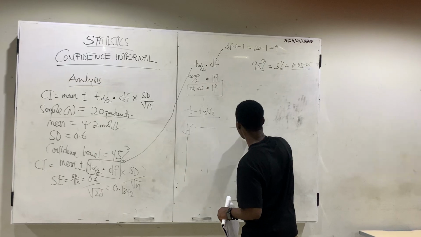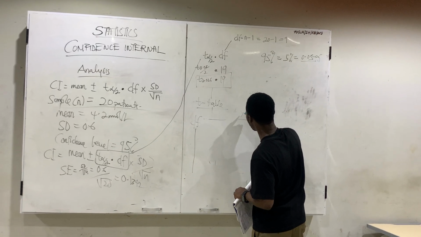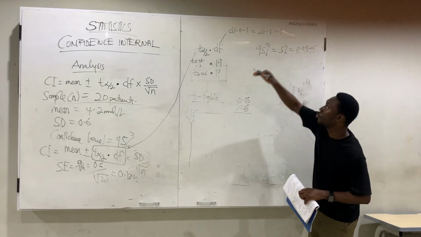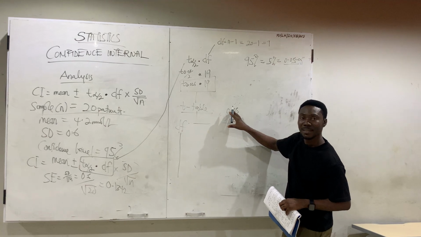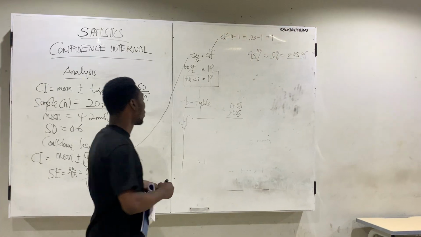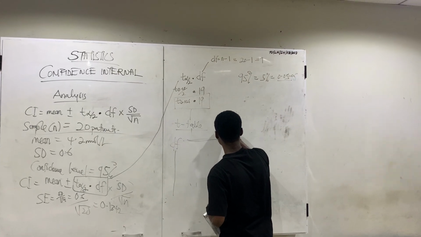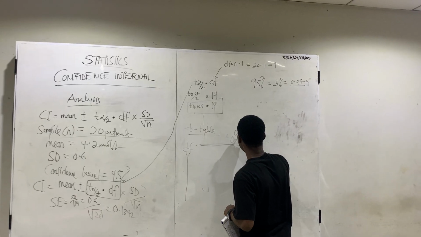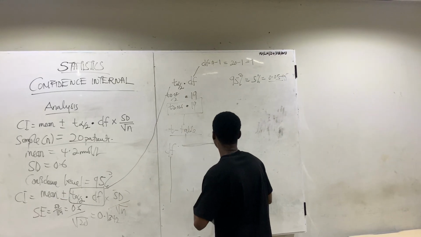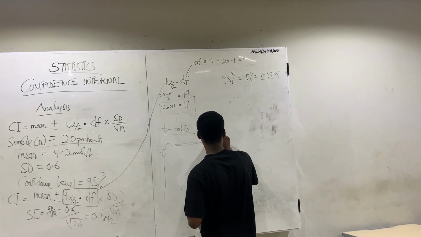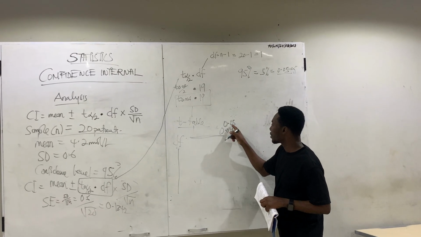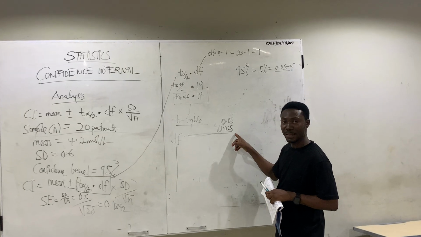So you check at the top of the t table where we have 0.025 and at the same time 0.05. You check where we have 0.05 and 0.025 at the same time.